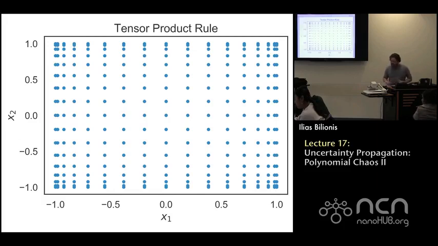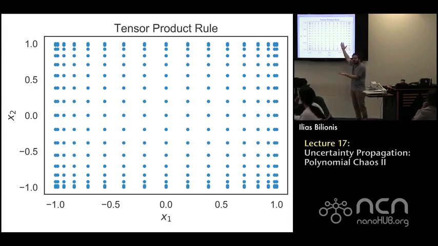Just to give you an idea of how the nodes of the tensor product of a quadrature rule look like, I have taken the CC rule in 1D. So if you just take one slice here, you see the CC rule in 1D. Okay? And I've taken the tensor product of that rule with itself to create a two-dimensional quadrature rule, and the nodes of the two-dimensional quadrature rule are all these points.